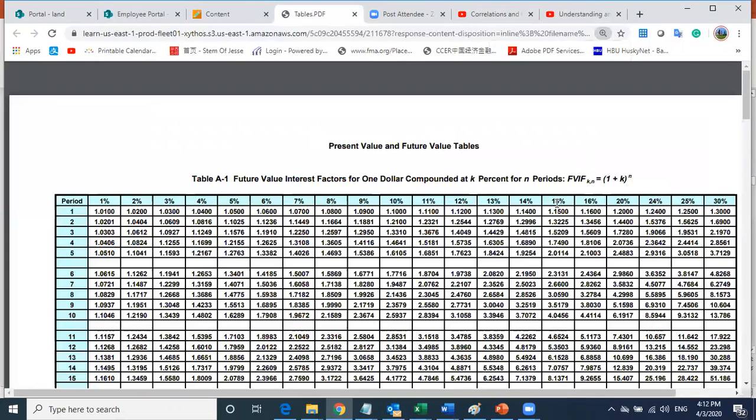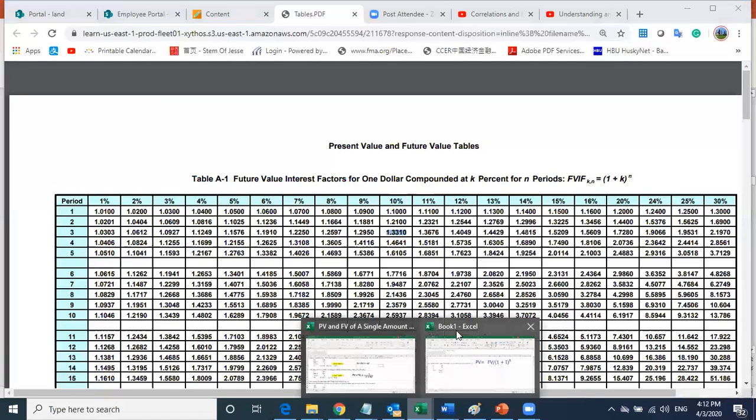We talk about the 10%, right? The first question, interest rate is 10%. All the way down, you can go to period 3. Okay, 3 years and 10%. You see what is the number here? This one, 1.331.